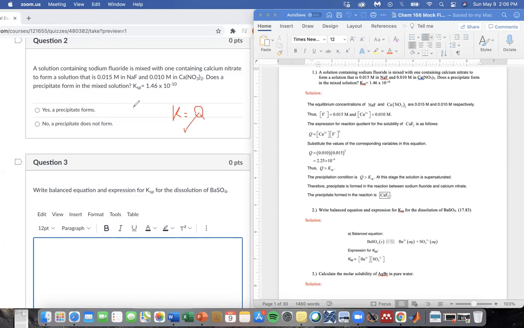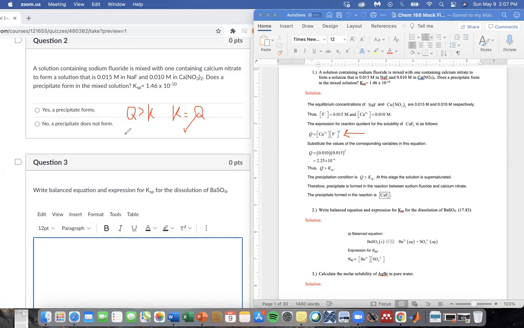If Q is greater than K, that means, because your K expression is products over reactants, as you see over here, that you need to shift towards the reactant and produce more of the precipitate.